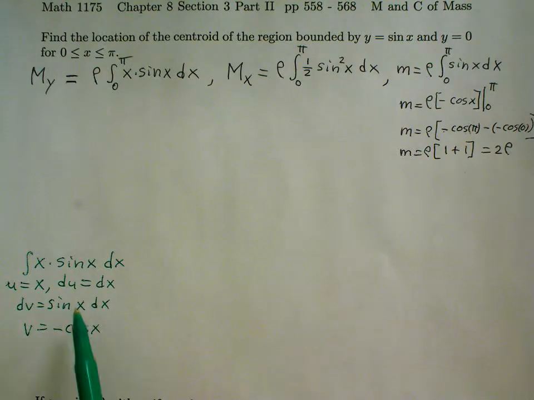Okay, so u times v, so x times negative cosine of x, I'll write it as negative x cosine of x.